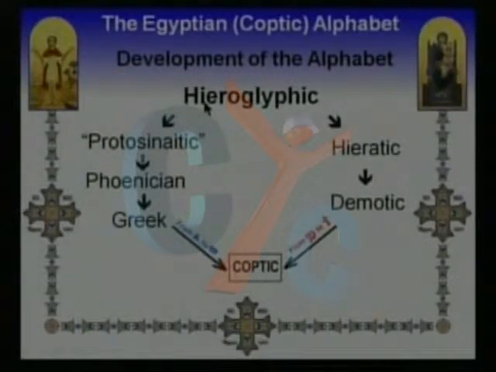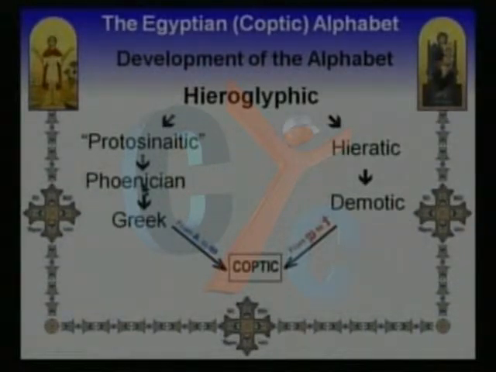The other 26 are indirectly from the hieroglyphic through what's called Proto-Semitic and other alphabets of Semitic people, and they took these letters from the hieroglyphic as many of them were workers in the mines in Sinai. And then it ended up that the Phoenicians took these alphabets and developed their own alphabet.